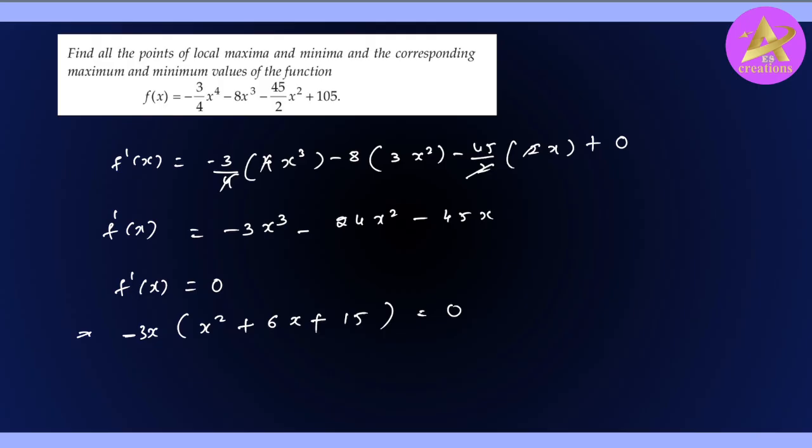Minus 3 is not equal to 0. That is why, if you send it to the denominator, it becomes 0. Minus 0 by minus 3 is 0 only.